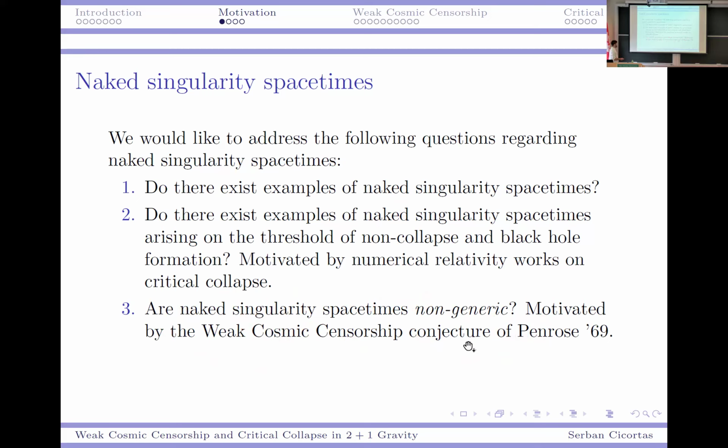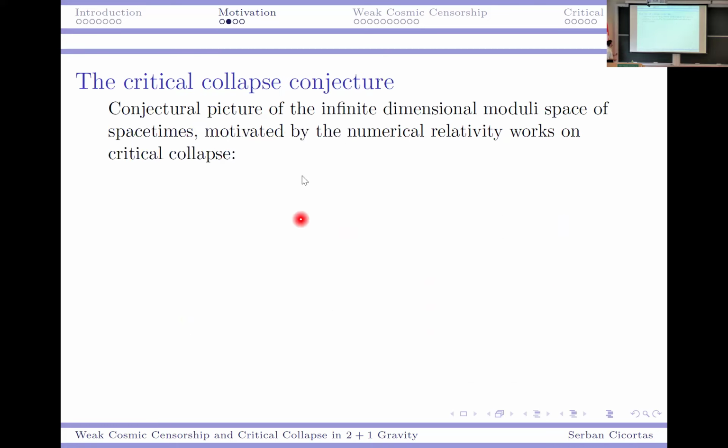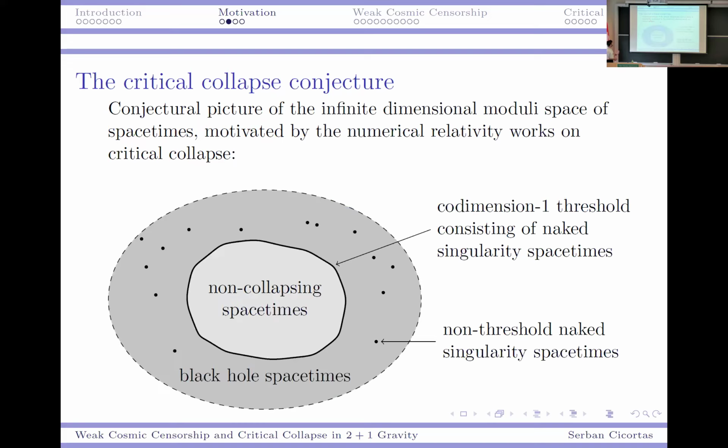Okay, and finally, this question is more open-ended: you'd like to understand in detail what the structure of the moduli space of initial data is. Let me be a bit more precise about what I mean by this, and state what I'll call the critical collapse conjecture. This is again a conjecture very much inspired by the numerical relativity works on critical collapse, and it conjectures that the infinite dimensional moduli space of spacetimes looks as follows.